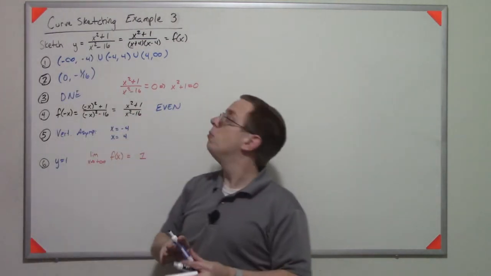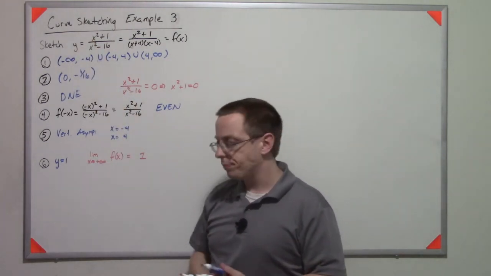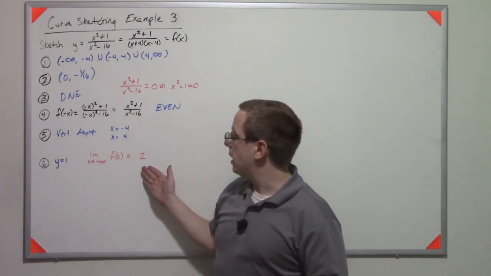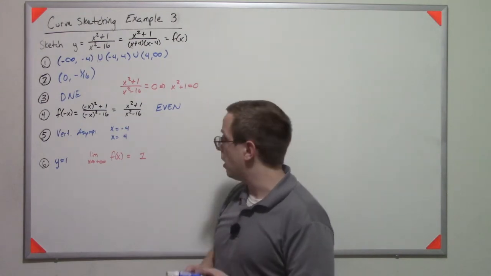We get 1 because if we take the limits here, they're going to reduce to 1. Okay, so then by taking that limit, as it goes to negative and positive infinity, the asymptote's going to be at 1.